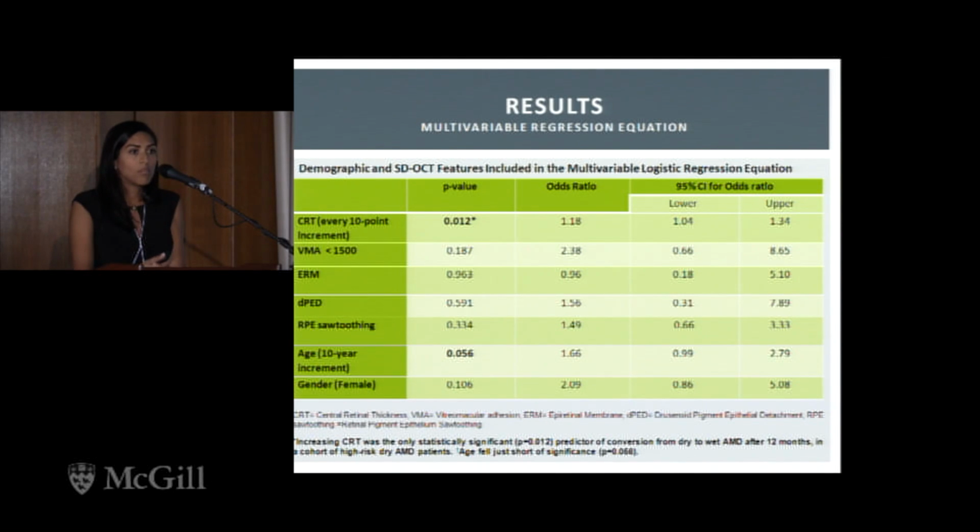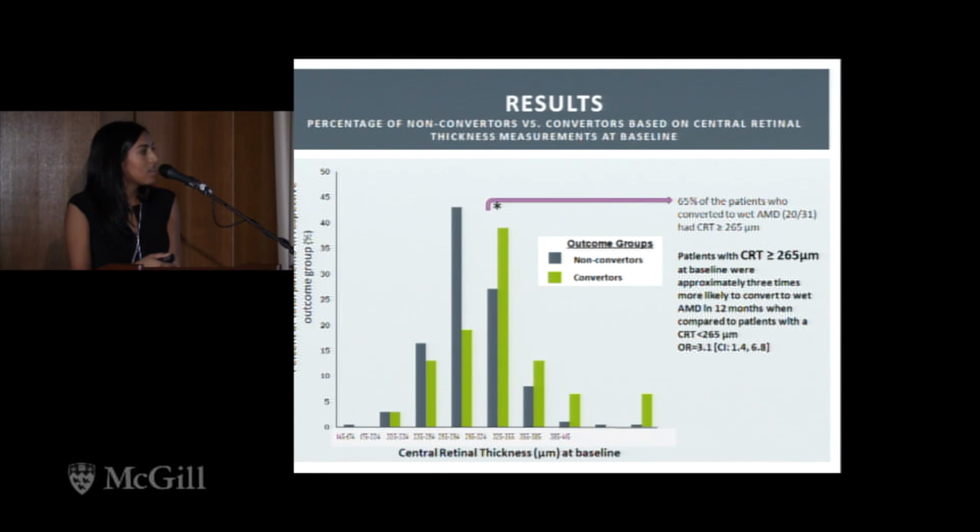When we plugged those same variables into a multivariable regression equation, the same pattern came through, which was that central retinal thickness was statistically significant in predicting who went on to convert to wet AMD in the 12-month time frame. This is a nice graph, I think.